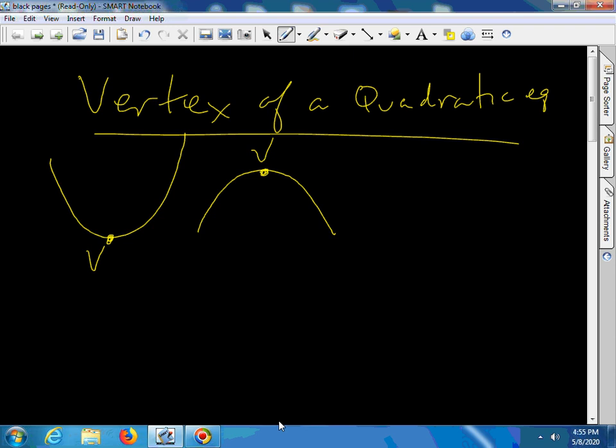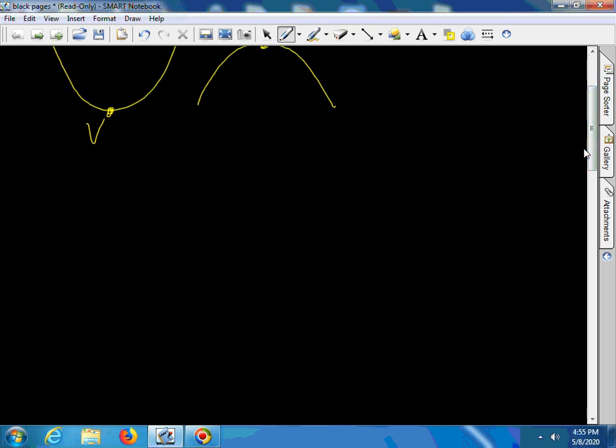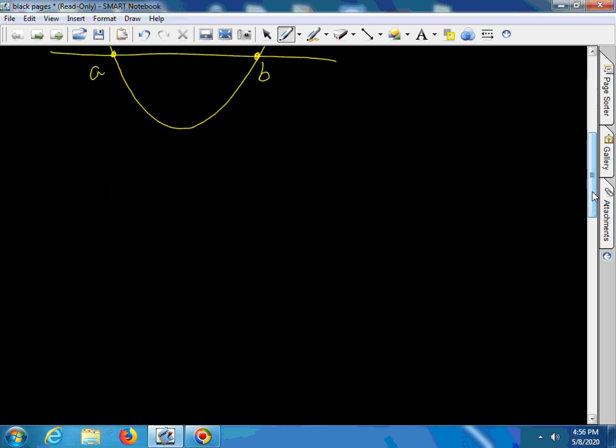What is the vertex? Well, let us assume for a moment that the parabola does have roots. Say the roots are A and B. Now, let's look better at the quadratic equation.